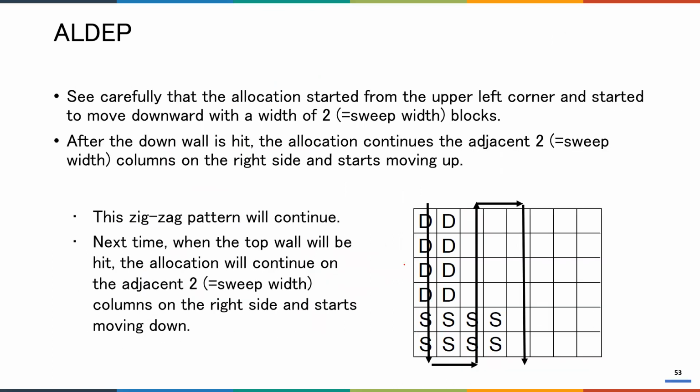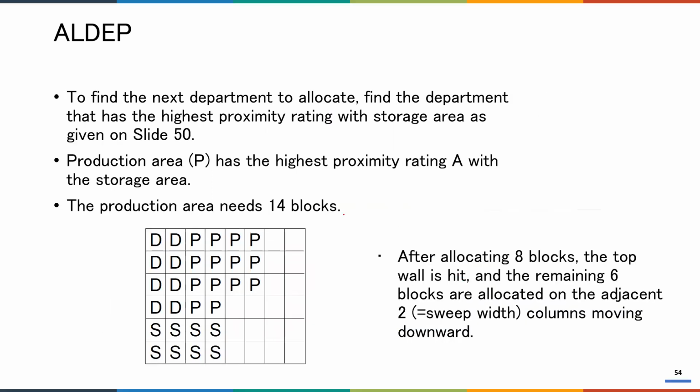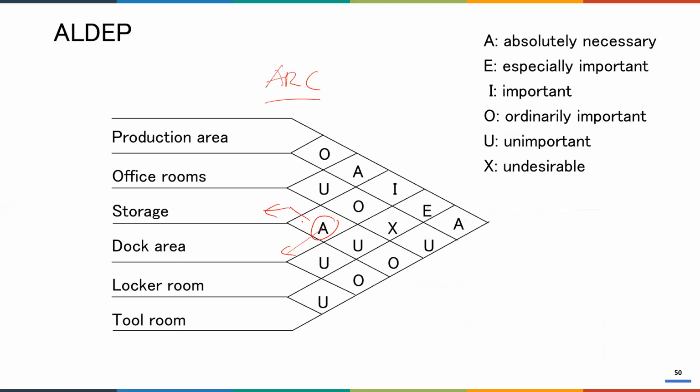Okay, and see carefully here that the allocation starts from upper left, and because we have decided the width is 2 blocks, then we need to follow the pattern. Okay, this zigzag pattern will continue to be followed by another department. So for the next one, we should check again the ARC and find which department has a higher proximity rating with storage.